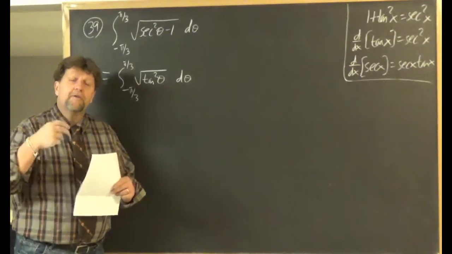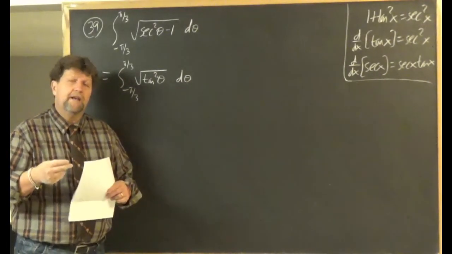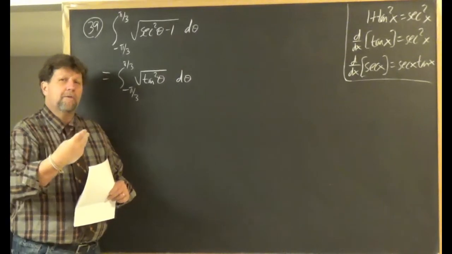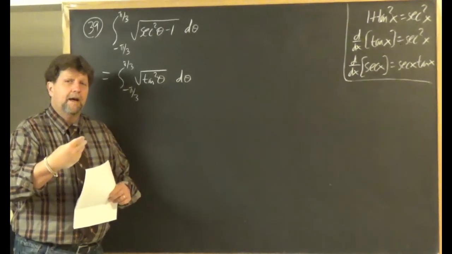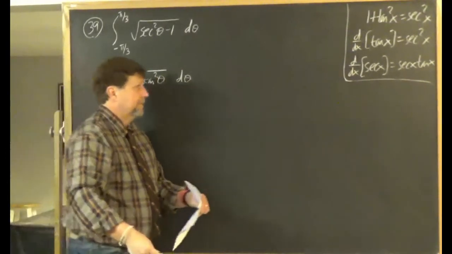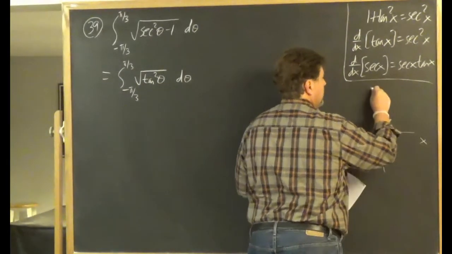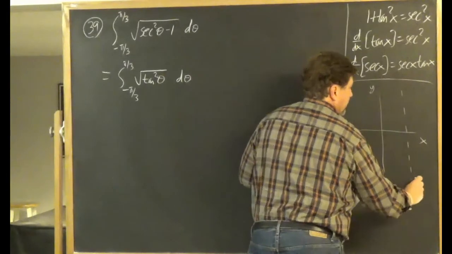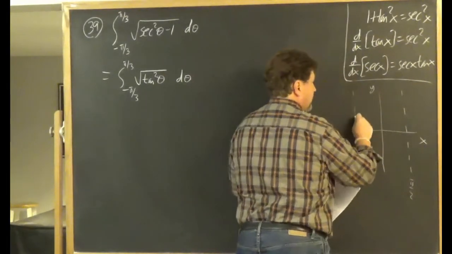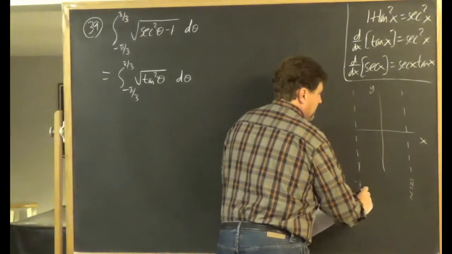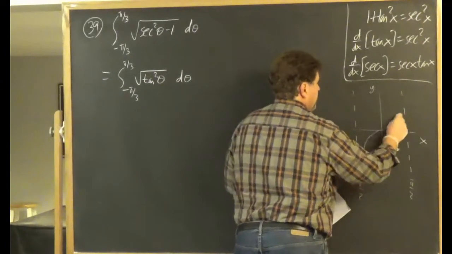If you think of the graph of tangent on the interval negative pi over 3 to pi over 3, well, here's a quick graph. I know there's a vertical asymptote at pi over 2, a vertical asymptote at negative pi over 2.